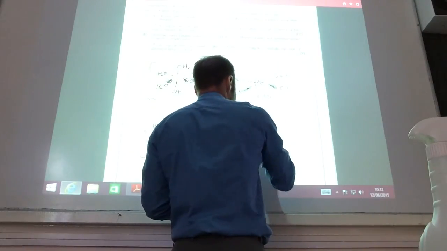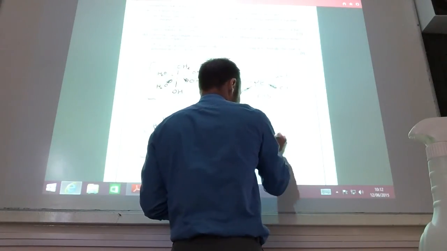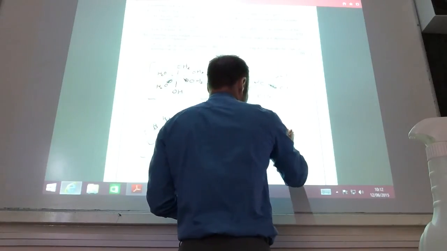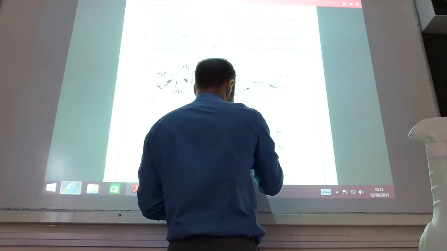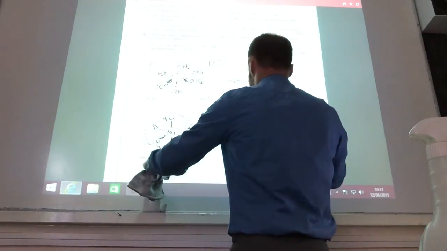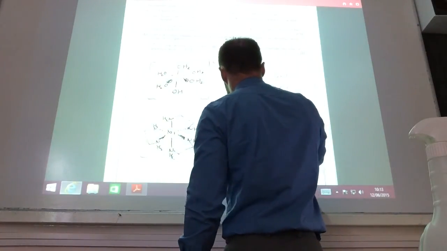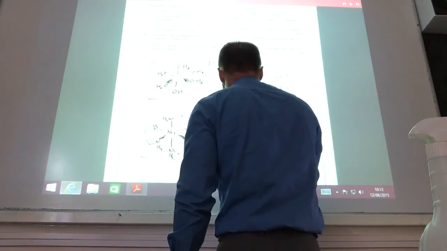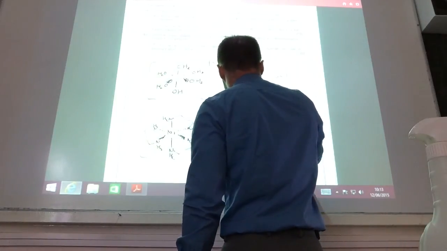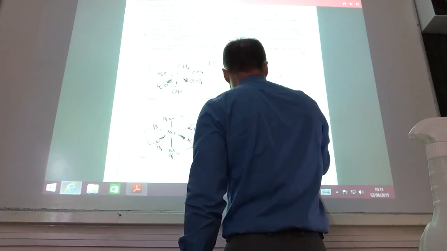So do your bonds around nickel, like so, put your nitrogens on, it makes your life a little bit easier. Then just connect up the mirror image of those, like so.